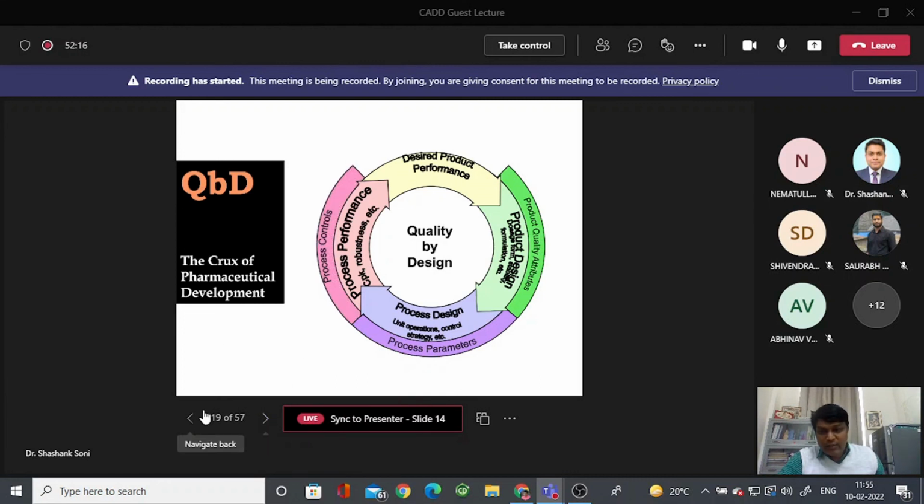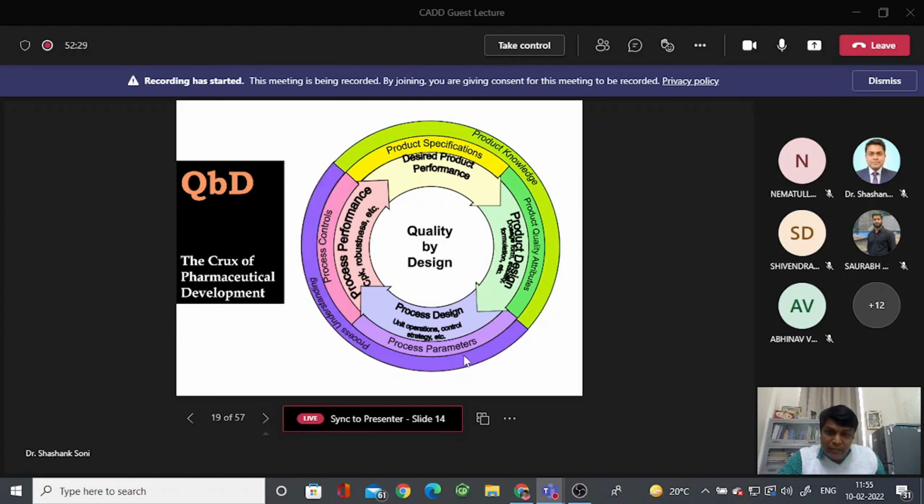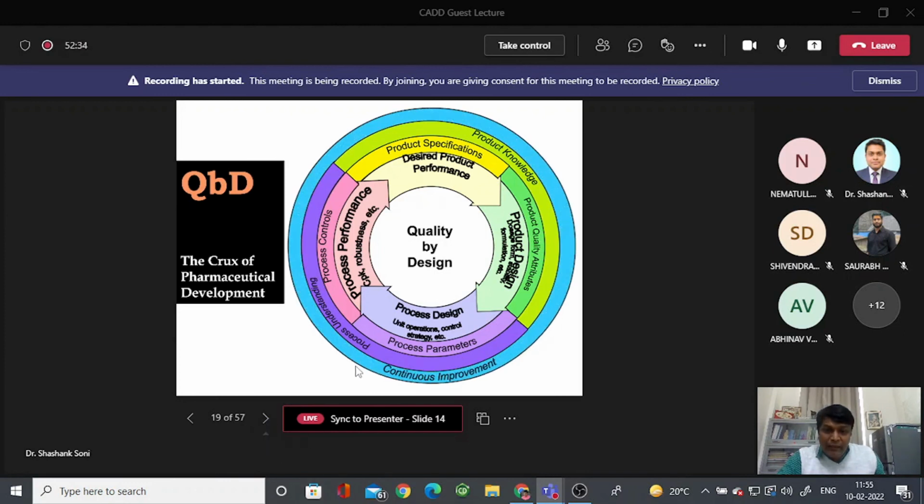Then we control the process parameters and we make the desired product specifications. It will result in a better understanding of the product and a beautiful understanding of the process. And it is a continuous process. It doesn't mean that it stopped here. You keep on understanding the product, process, and their outcomes, their specifications, their control, and you keep on learning and improving. That is continuous improvement.